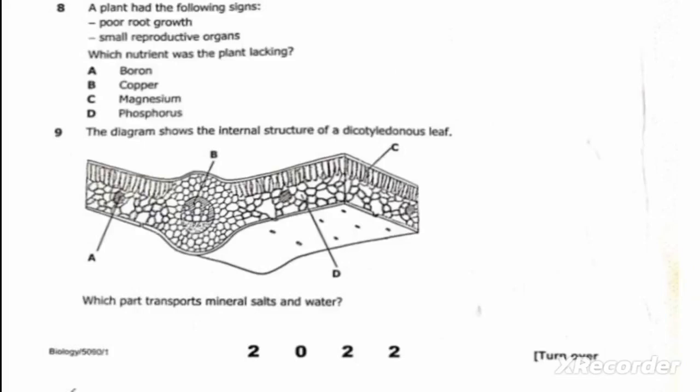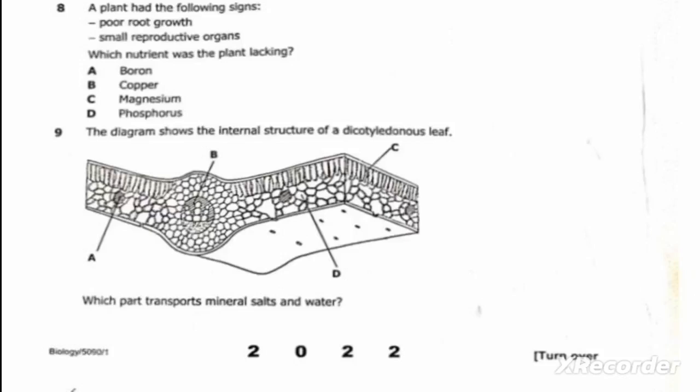Question 8, the question reads, a plant had the following signs: point 1, poor root growth; point 2, small reproductive organs. Which nutrient was the plant lacking? A. Boron, B. Copper, C. Magnesium, D. Phosphorus.